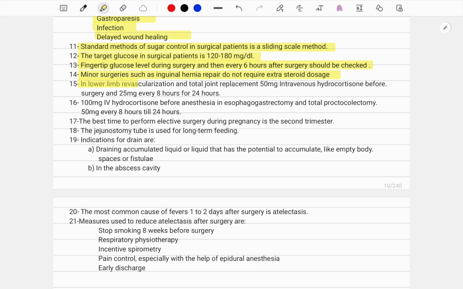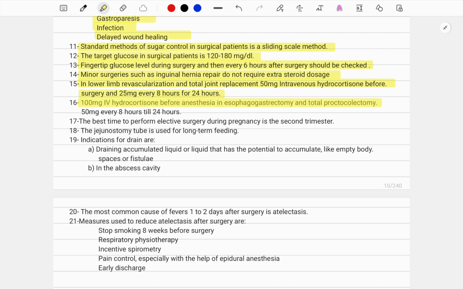In lower limb revascularization or total joint replacement, we know that 50 mg of intravenous hydrocortisone is given before the surgery, and then after surgery 25 mg is given every 8 hours for 24 hours, and then the patient is told to continue the normal dosage he or she has been taking.